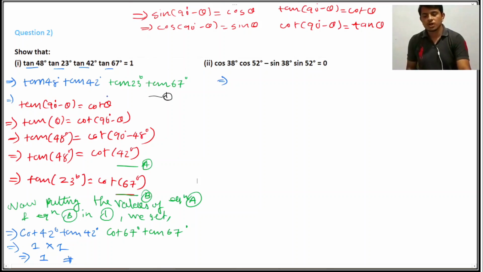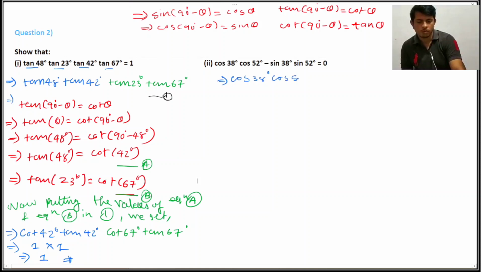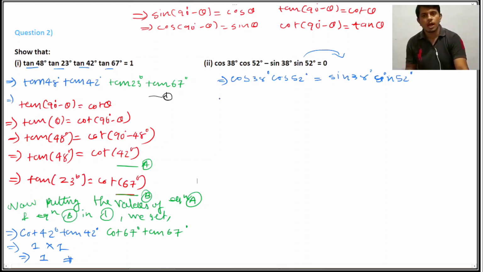First, we just do the same as we did in question number 1, or we can modify this equation like this: cos 38 degree cos 52 degree equals, the minus sign comes to the other side and becomes plus, so it gives us sine 38 degree cos sine 52 degree. That's it. And now just do the same as we did in question number 1.